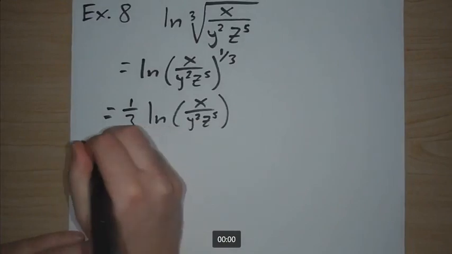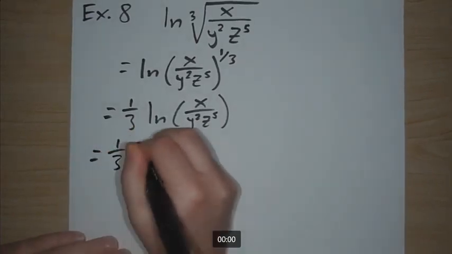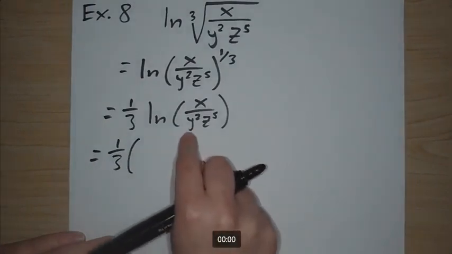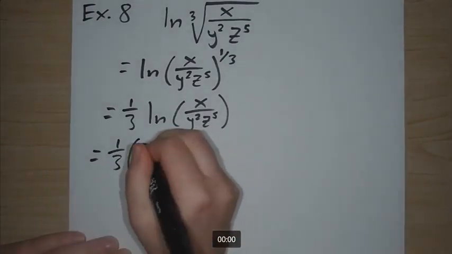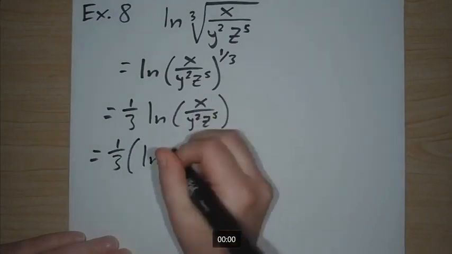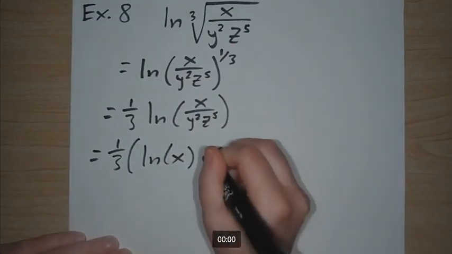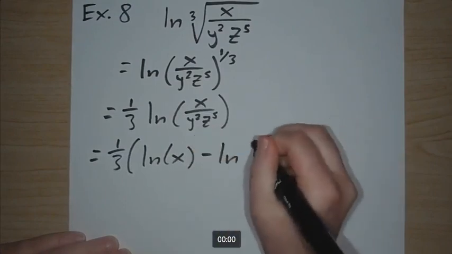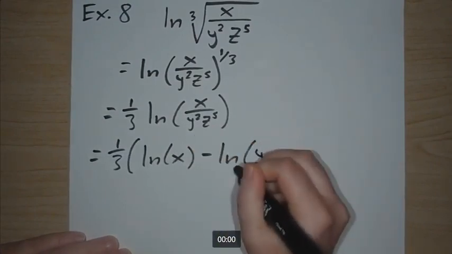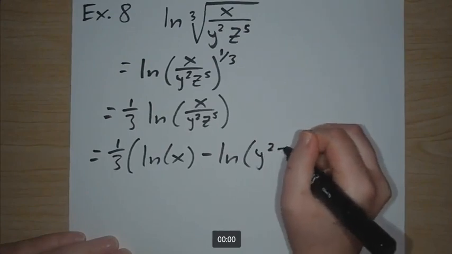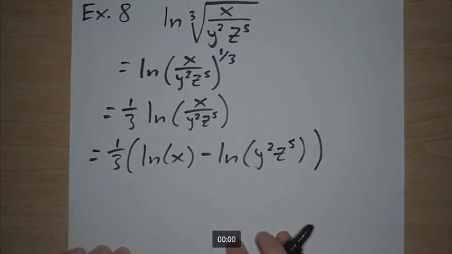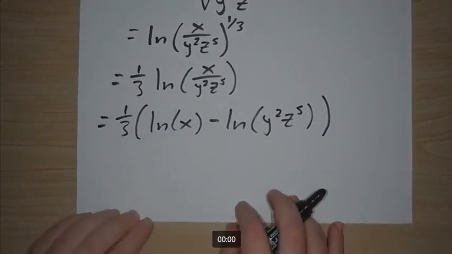So here you can expand this as 1/3, and this 1/3 is going to be multiplied by everything that we're possibly going to expand this ln into, of ln of the numerator here, x, and it's going to subtract the logarithm of this denominator, so subtraction ln of y squared z to the fifth. So we expanded it as so using the quotient rule.